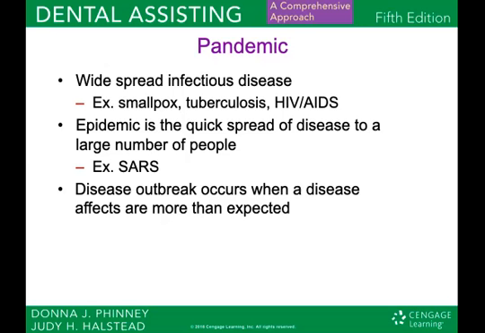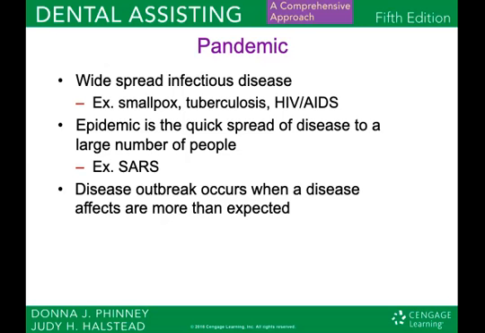An epidemic is a quick spread of disease to a large group of people, but not necessarily worldwide. In the early 2000s, we had an outbreak of SARS in certain countries, which is an example of an epidemic.